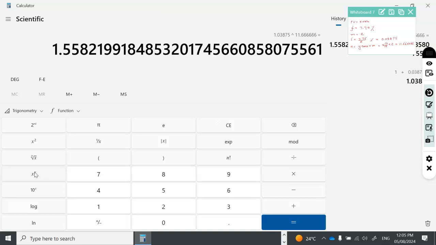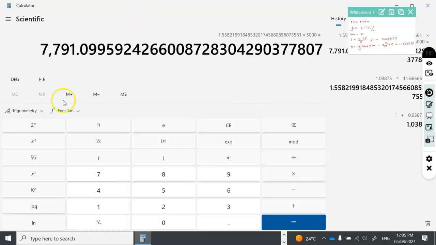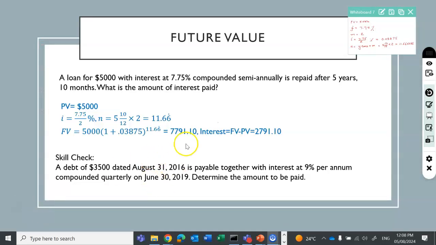We are following the BEDMAS rule: first bracket, then exponent, and then multiplication. So multiply it with 5,000 and you should get 7791.0995. Rounding to 2 decimal places, we got the future value as 7791.10.